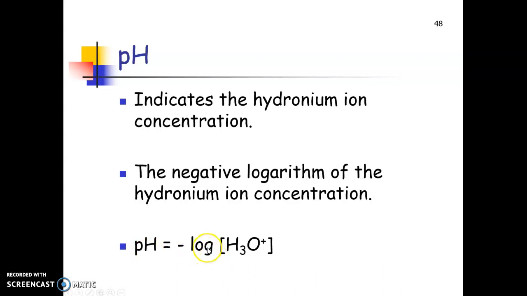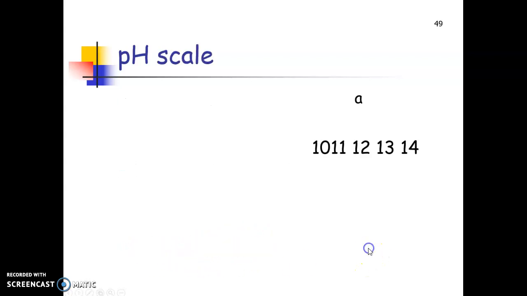If you just enter in the log, it'll do the right thing. You don't have to specify the base, just don't use the natural log key. Of the hydrogen ion concentration, that's how the brackets read. So if you see brackets around some compound, that's indicating the concentration in molarity of that compound. So we would take the negative log of that to get the pH.